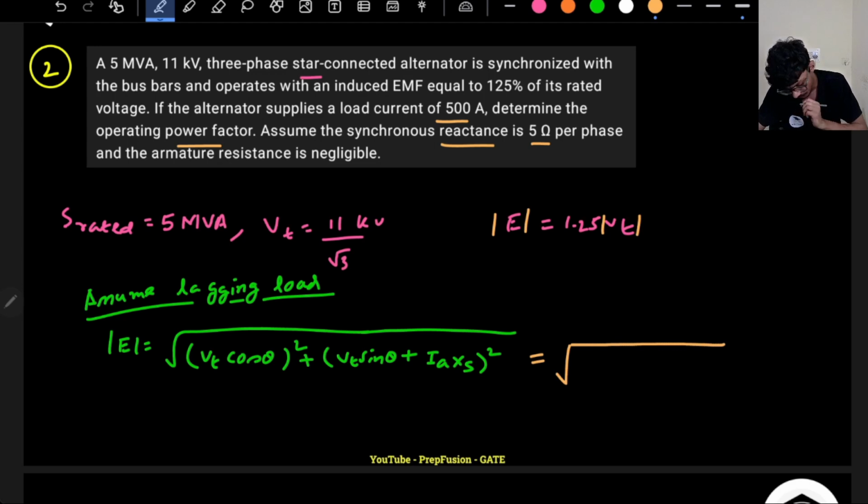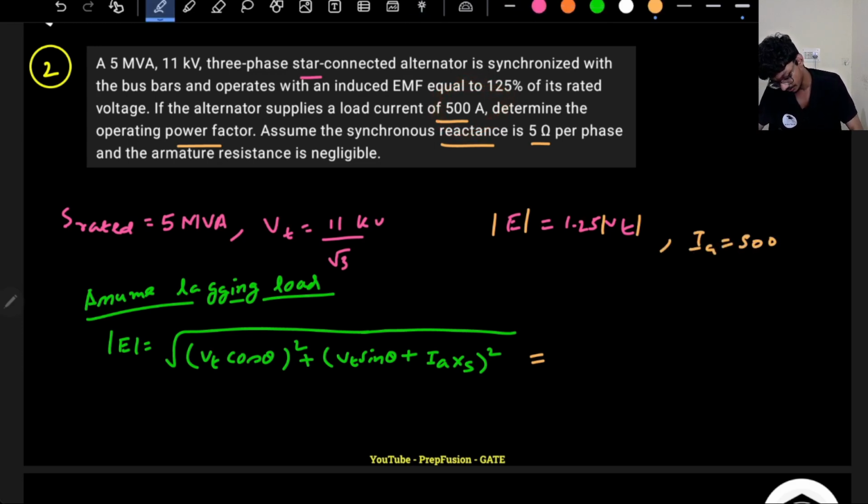So how do I find out the power factor angle? Do I know Ia? It is delivering 500 ampere, so I know my armature current: Ia is 500.